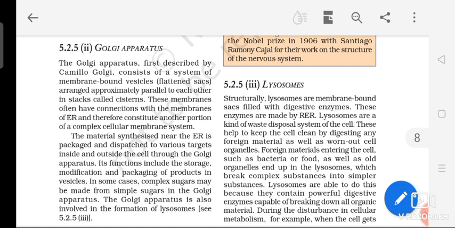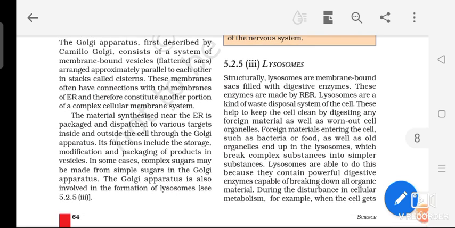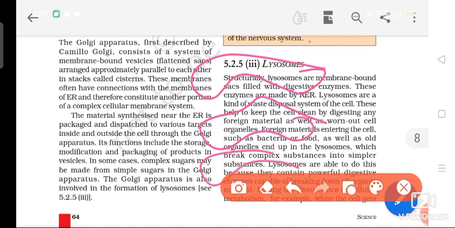This Golgi apparatus is made up of parallelly arranged structures known as cisternae.